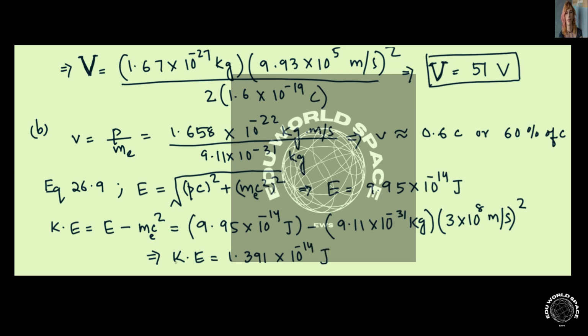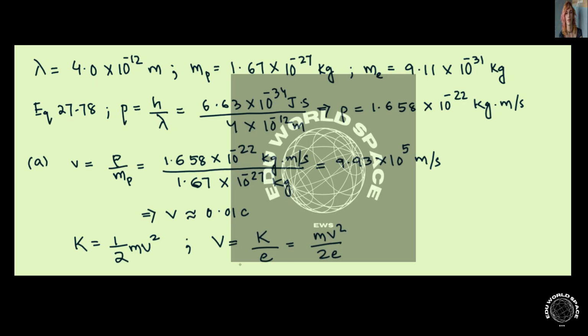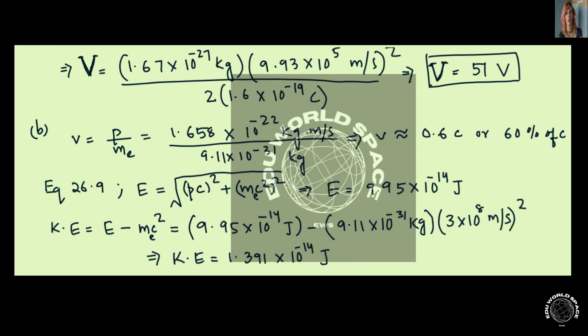Now that we have the kinetic energy, we can find the potential using the same equation as this. So let's write my kinetic energy, K e, as I used the same expression over here.